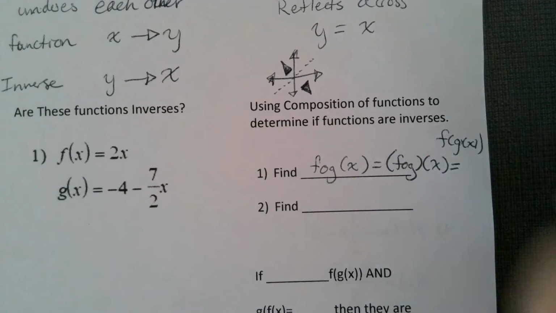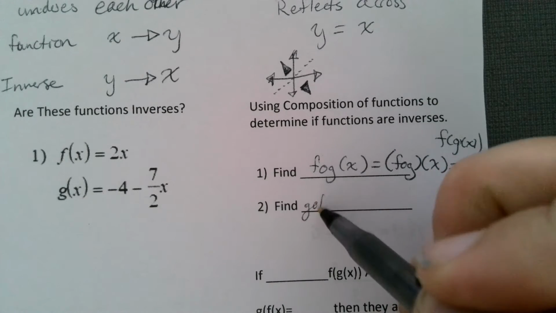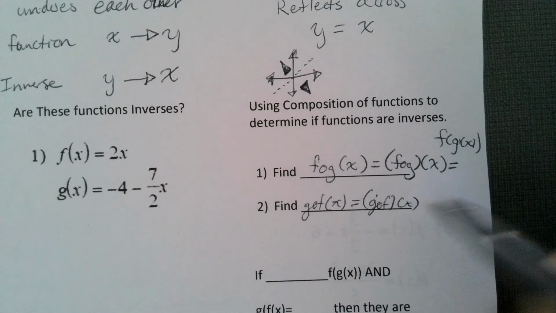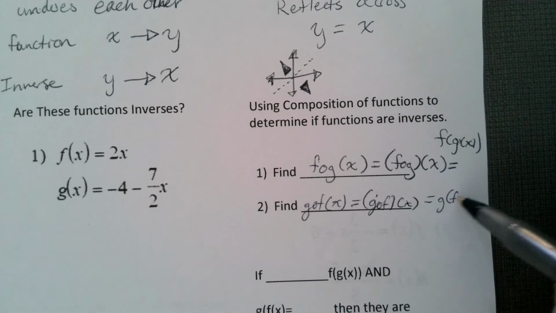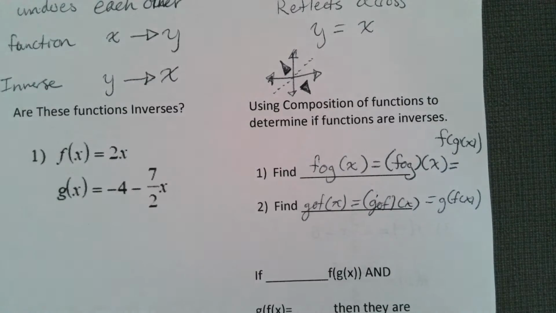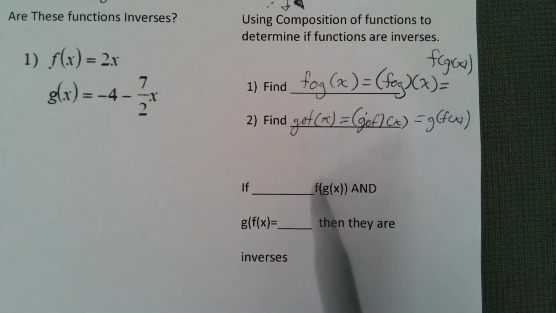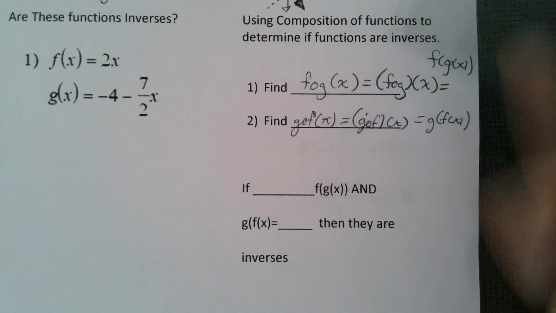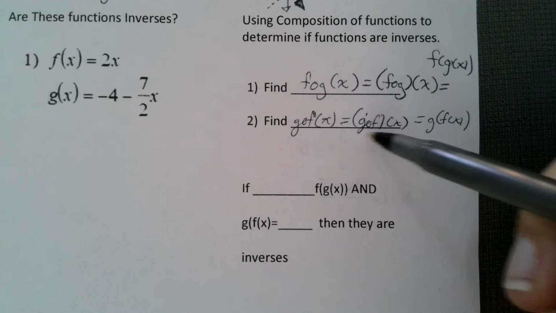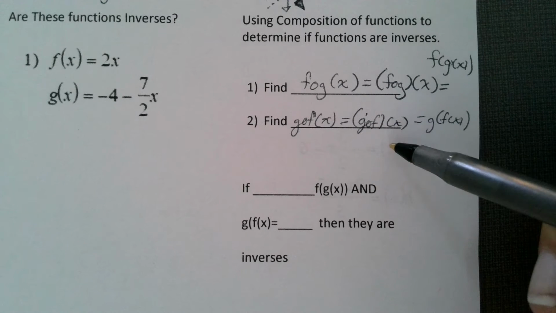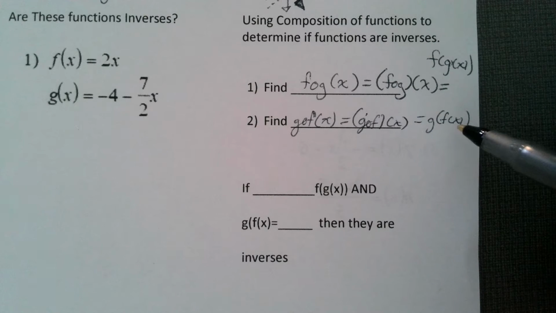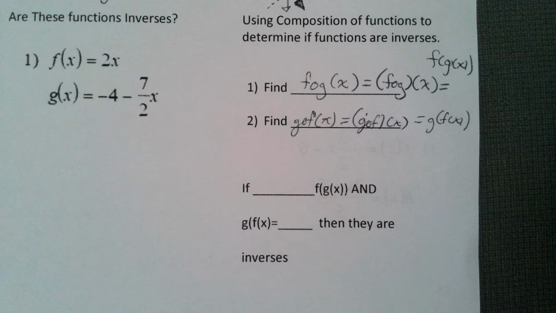We're also going to find the same thing but with a G first. So GOF can also be written like this. Can also be written as G of F of X. GOF of X equals the parentheses GOF applied to X, equals G of F of X. Holy cow, that's a lot of parentheses, right?